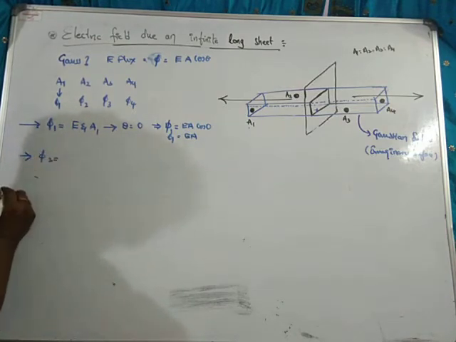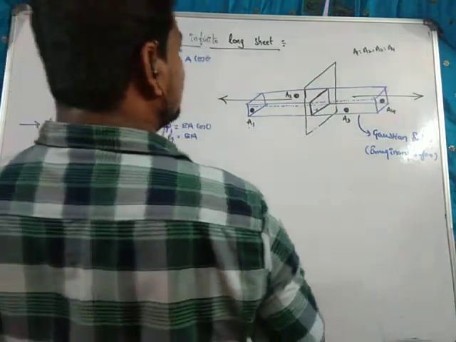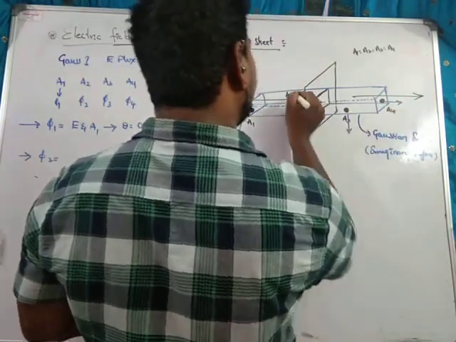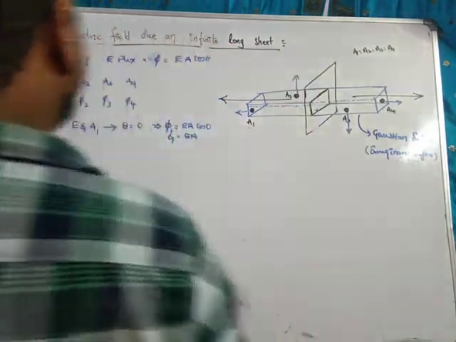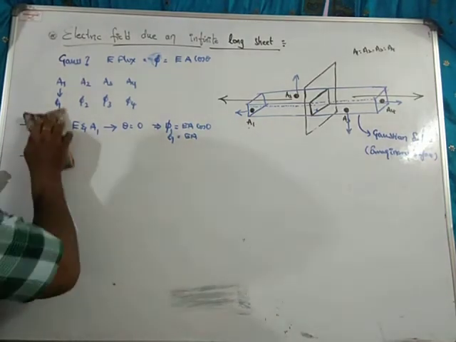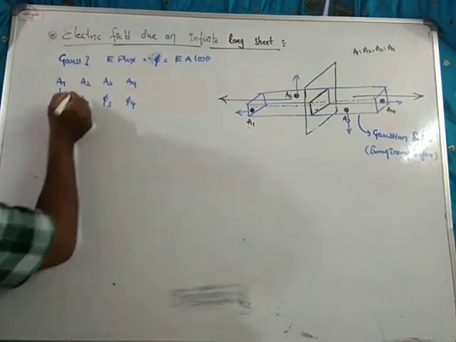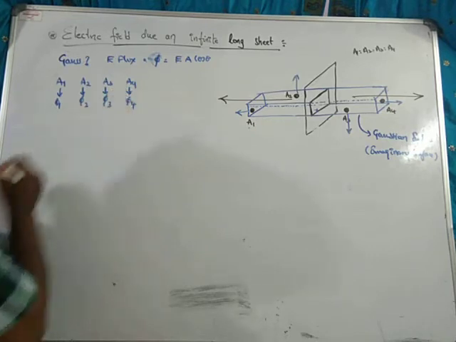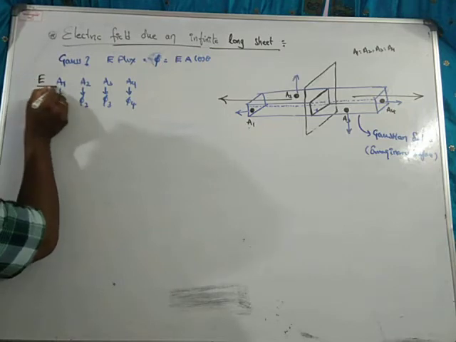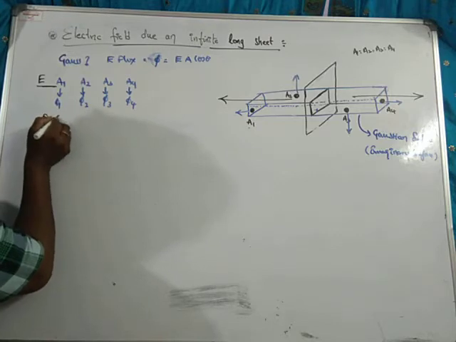Similarly, if you consider area 2, flux 2 is equal to, where you consider flux at the top layer. Top layer means this is the downward direction and this will be an upward direction. So if you consider the directions, we will represent easily. For the first one, E and A both are in the same direction, then theta value will be 0.